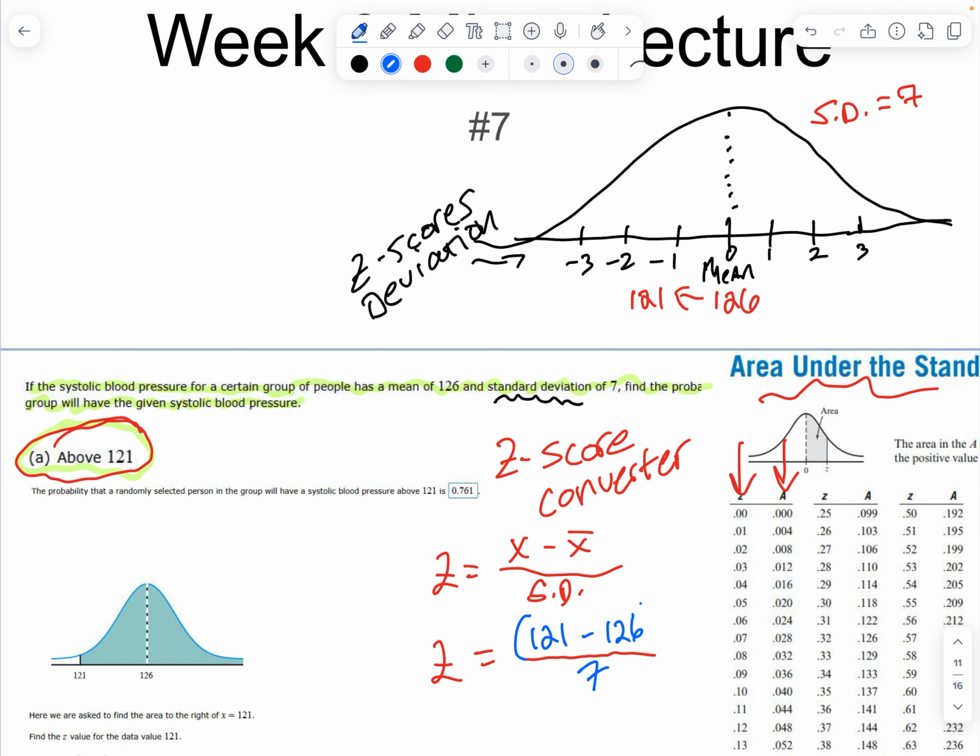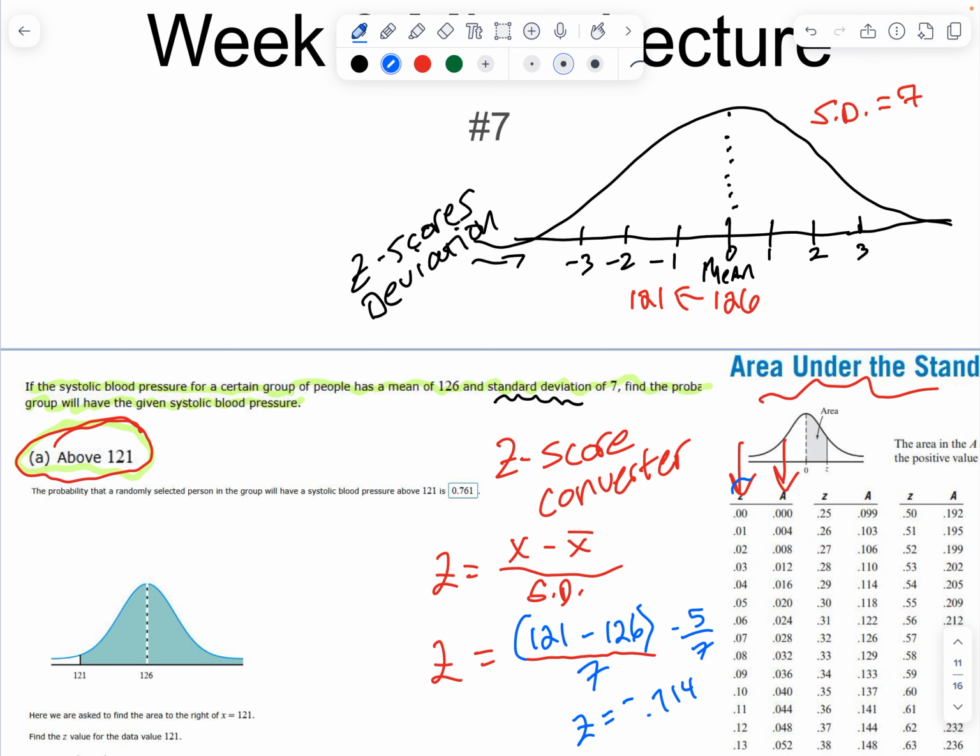Now in your calculators, make sure you do that 121 minus 126 first, hit enter, and then divide it by 7. So on my calculator, if I do 121 minus 126, I get -5, and then I divide that by 7, and I get a z of -0.714.